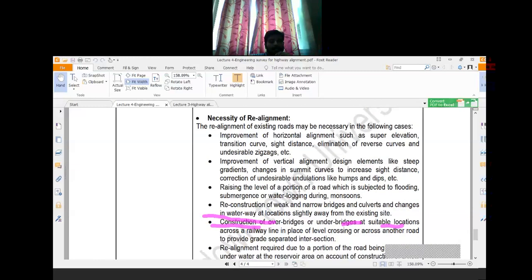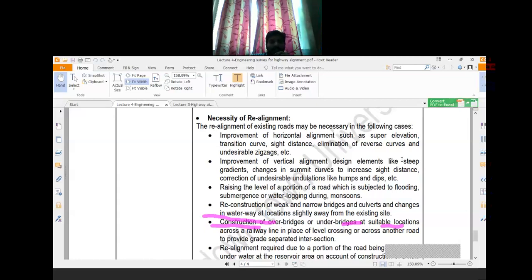Next one is improvement of vertical alignment design. Suppose for a road the up gradient or down gradient is very high. In that case also you have to go for the realignment to make the road safer for vehicle operation.